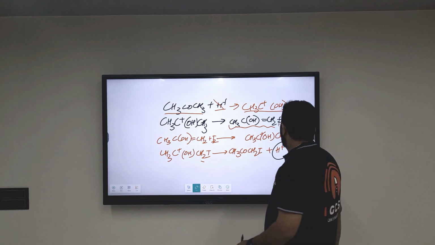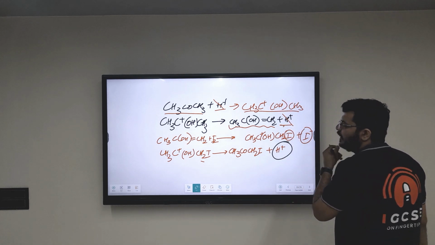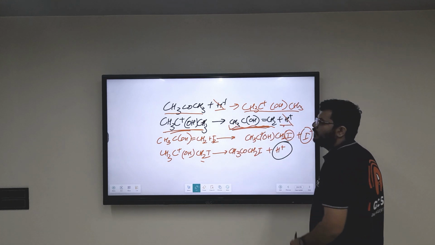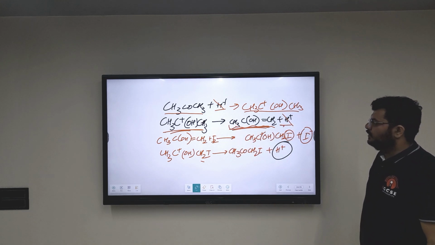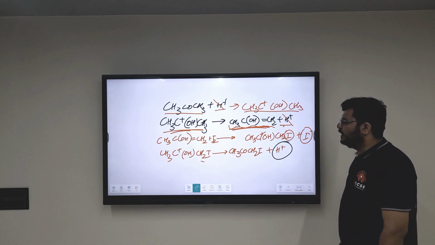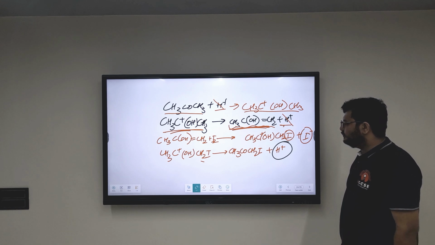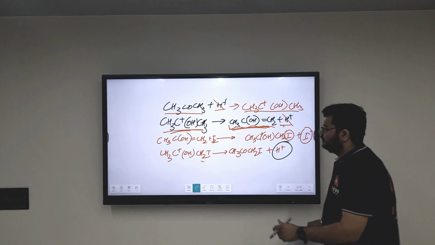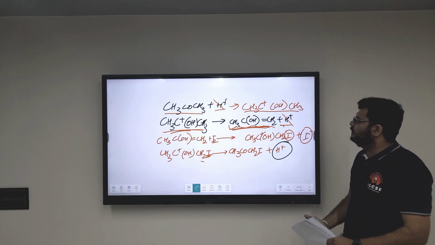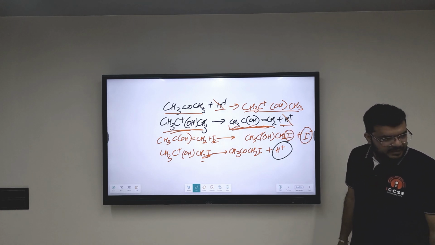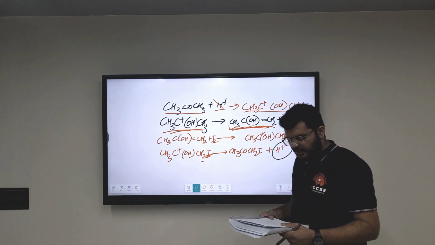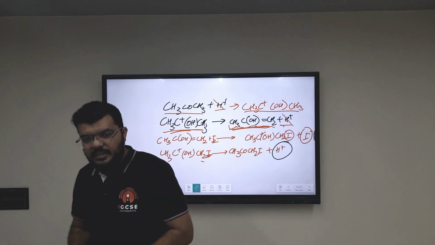Now if you look at this, what has happened over here? It has lost a proton. मतलब proton दोनों. Sure? Yes. तो acid है वो क्योंकि H plus यहाँ पे निकला है. Conjugate base, conjugate acid. This is the conjugate acid and this is the conjugate base. That is your answer and that is the question that we solved.